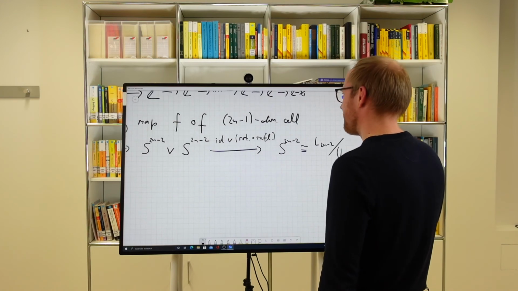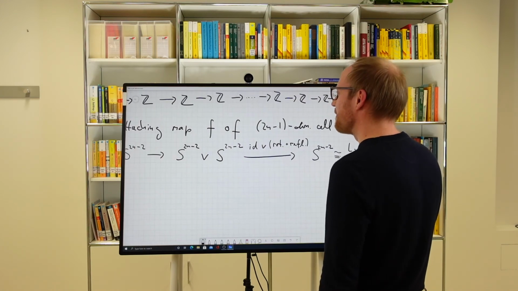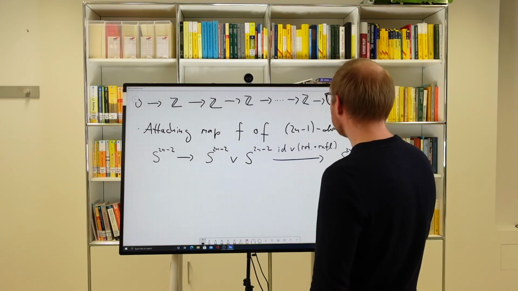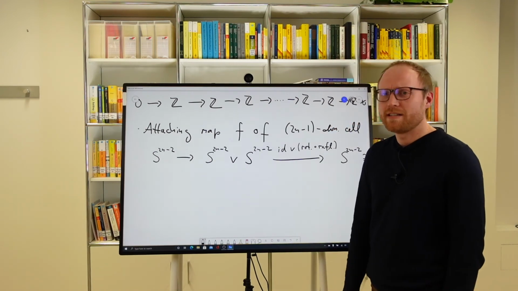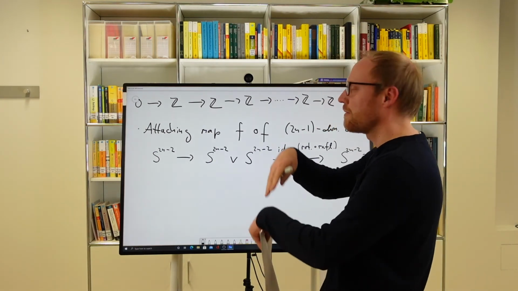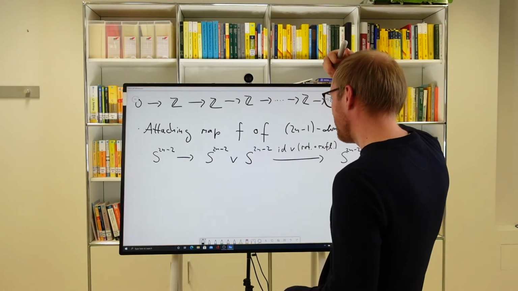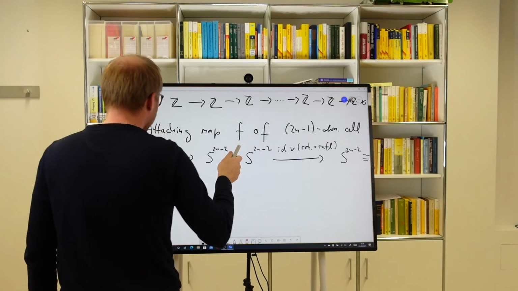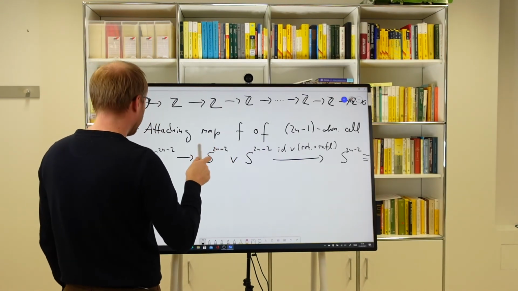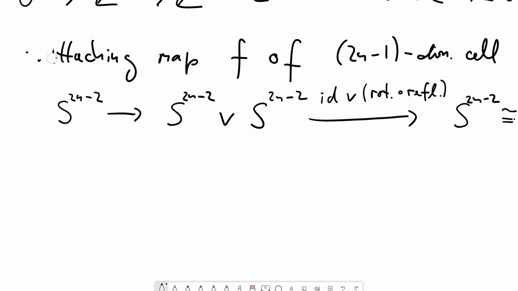So actually, I think it was not good to call this the attaching map. It's the map which we called F_ij last time. So the map coming from the attaching map, but afterwards you compose with this quotient map. Did we give it a name? No, I don't think so. Okay, so yeah, let's put.